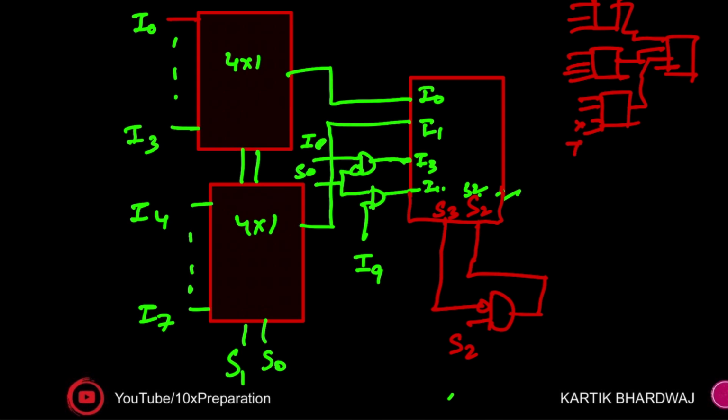You will put 2 as don't care. So like this you can also generate it by making use of 3 4 cross 1 muxes, but in the other approach you put some extra circuit and get the output.